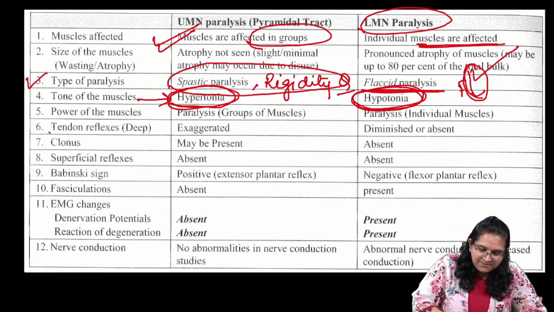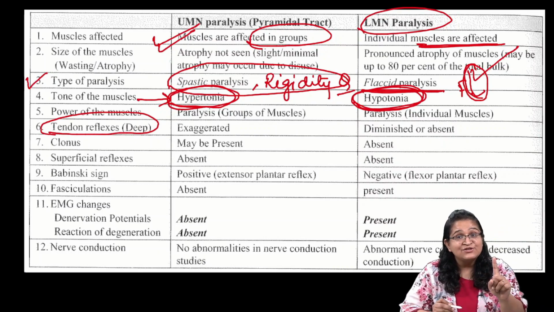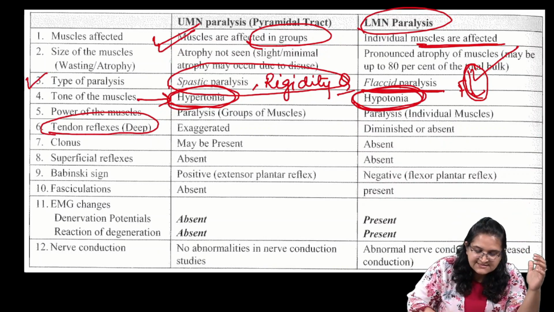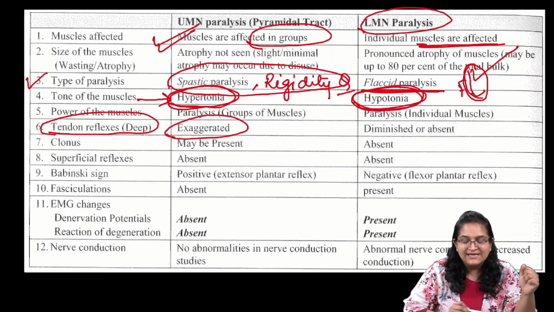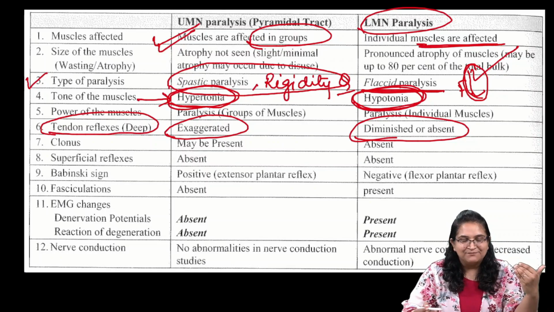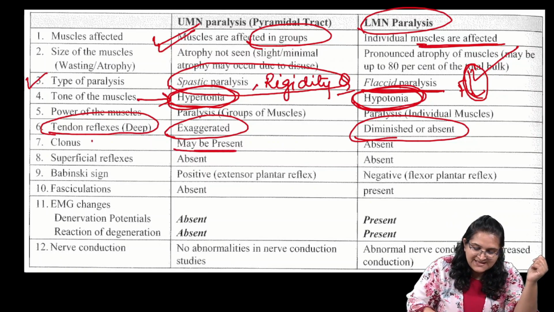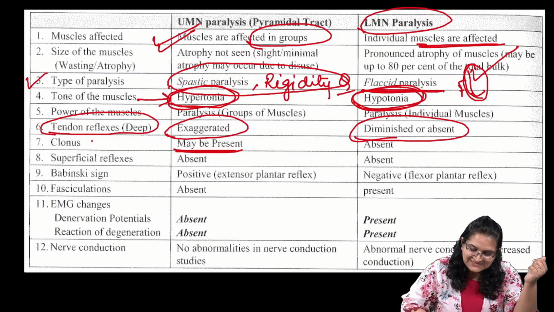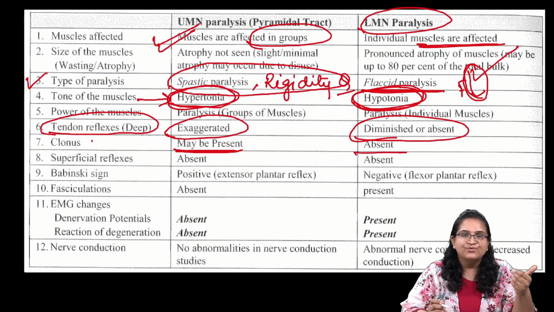Next is deep tendon reflexes. Again, I told you up. So deep tendon reflexes are increased in the upper motor neuron palsy, whereas they are decreased or absent in lower motor neuron palsy. Clonus may be present in the upper motor neuron palsy, but it is absent in the lower motor neuron palsy.